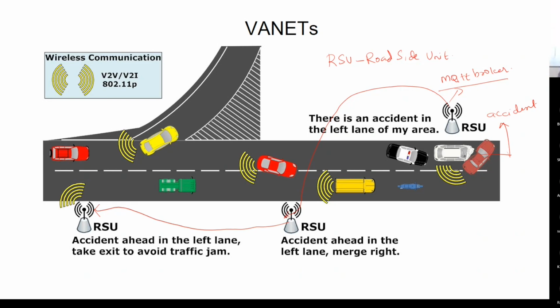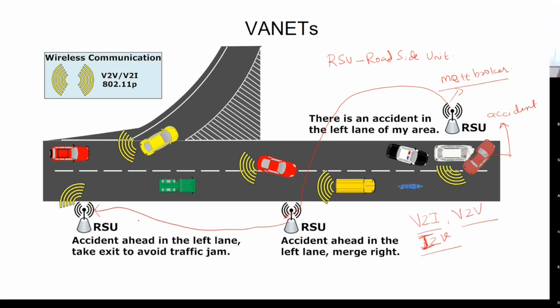Not only that, we call this V2I, V2V, and I2V: vehicle to infrastructure, vehicle to vehicle, infrastructure to vehicle. This is what these RSUs can do.